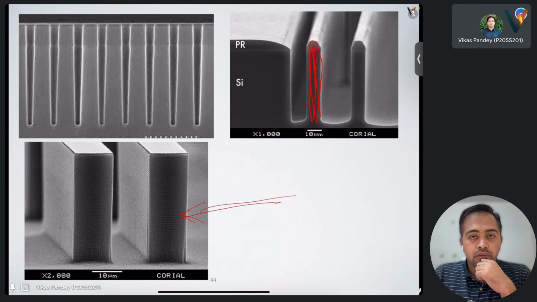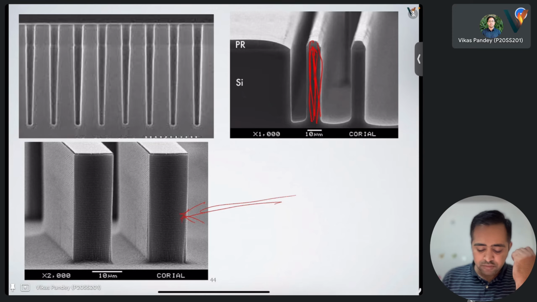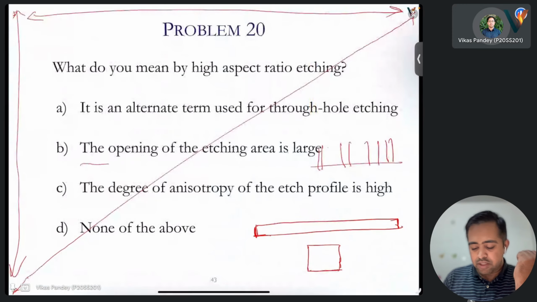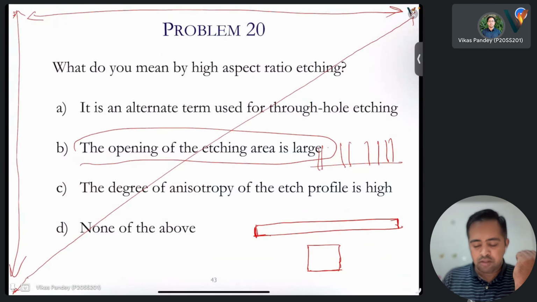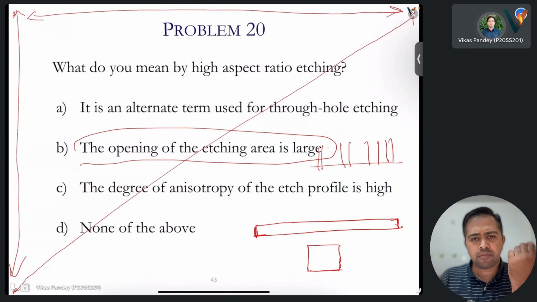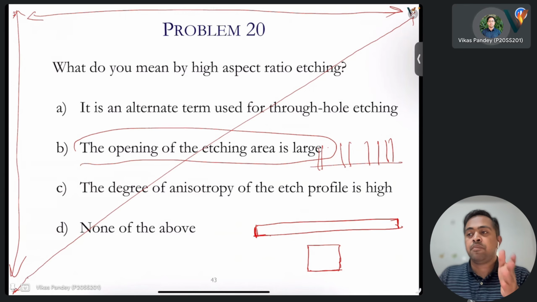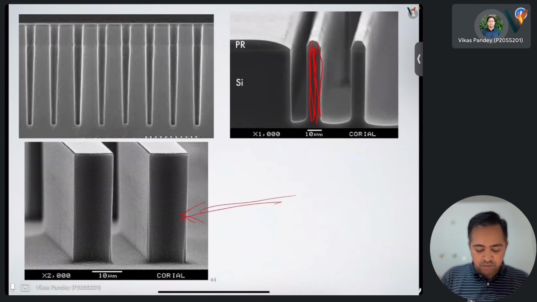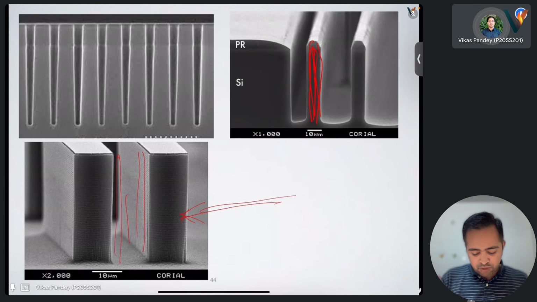So the opening of the etching area is large, not very necessary, but that opening is large. The degree of anisotropy of the etch profile is very high, because when the etching has happened, it has happened in one direction, almost negligible in this direction.